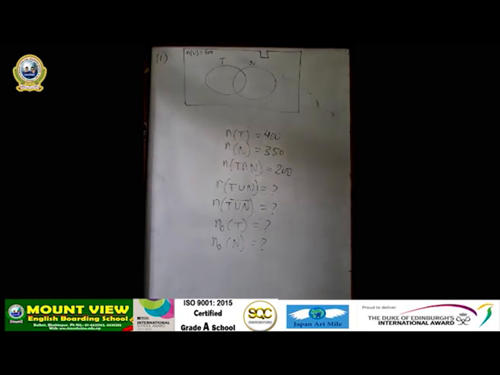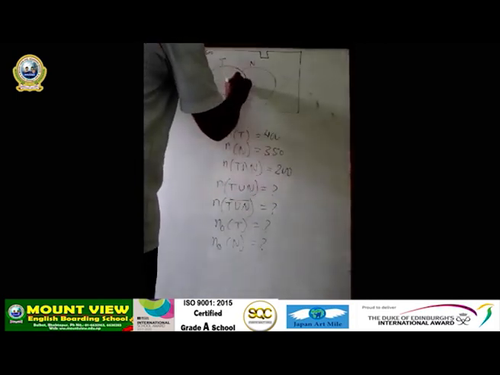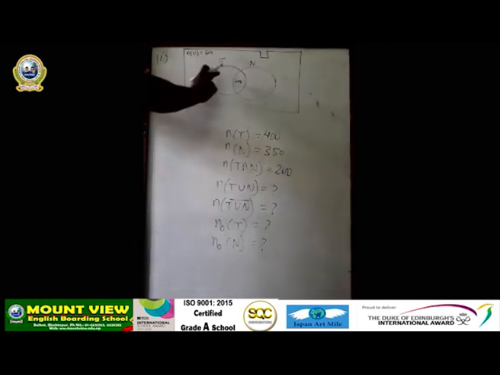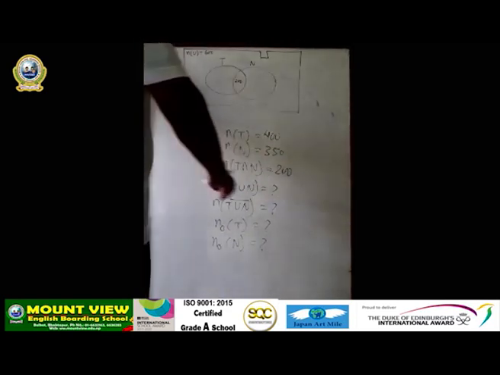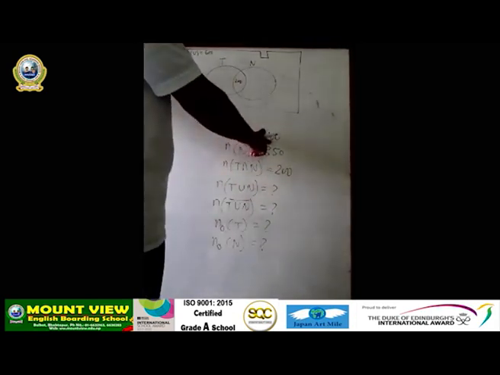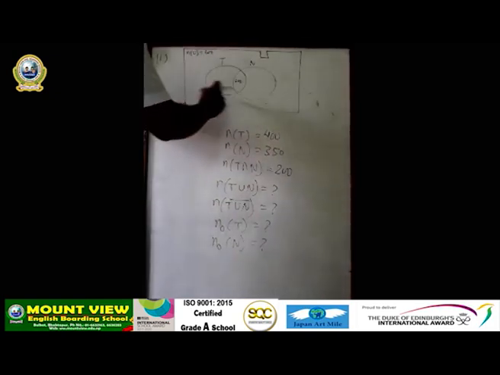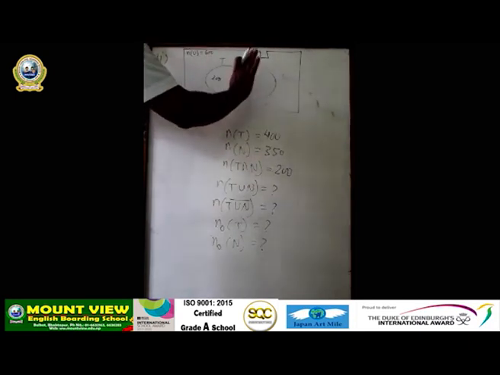And while plotting in the Venn diagram, first of all, तिमीले दुवैको राख्दिने. 200 people can speak both, Tamang as well as Nepali. अनि total Tamang कति छ हेर त? Total Tamang is 400. Out of 400, 400 minus 200 means 200. These 200 people can speak only Tamang, not Nepali.